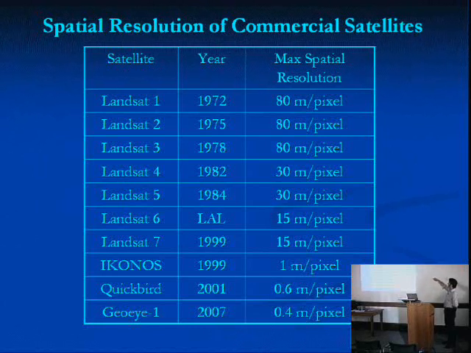By spatial resolution, I mean the amount of ground coverage imaged by a single pixel in whatever sensor you have on board one of these satellites. Back in the 70s, this was around 80 meters represented by a single pixel. But with advances in technology, we're now getting down to sub-meter spatial resolution.